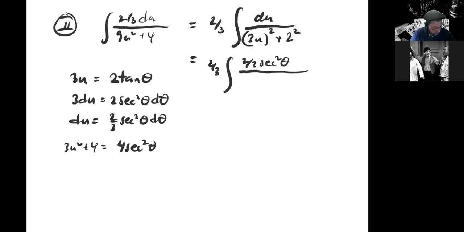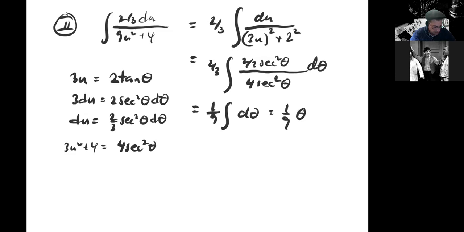So this is going to be 4 secant squared theta, and there's a d theta here, of course. Then if we take the constants out, we get a 1/9, and then the integral of d theta. So this is 1/9 theta plus c.